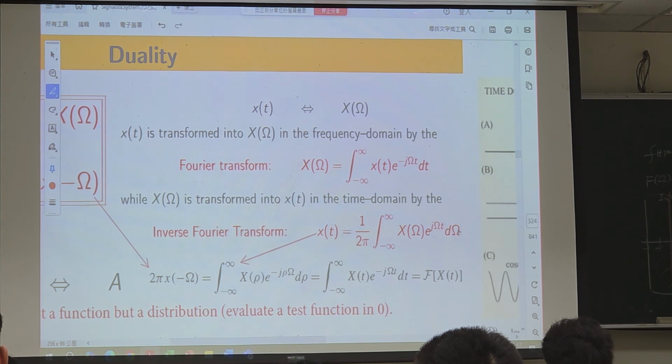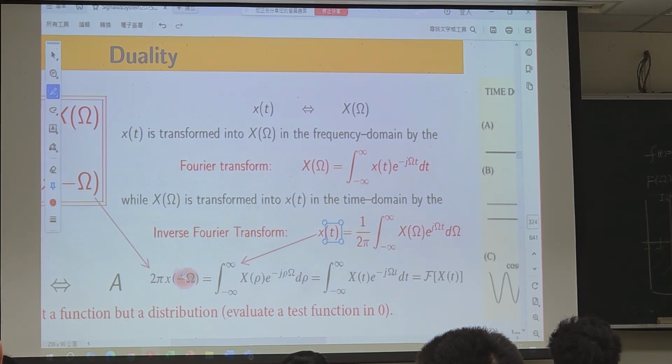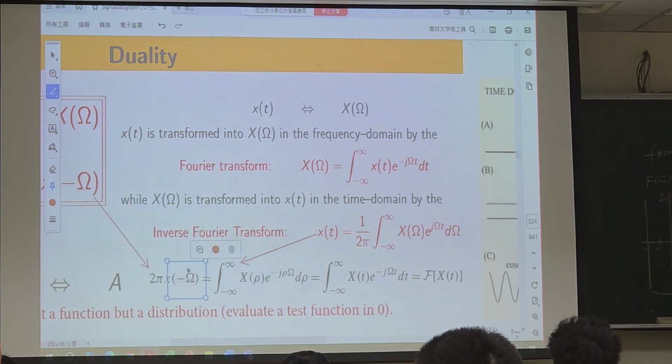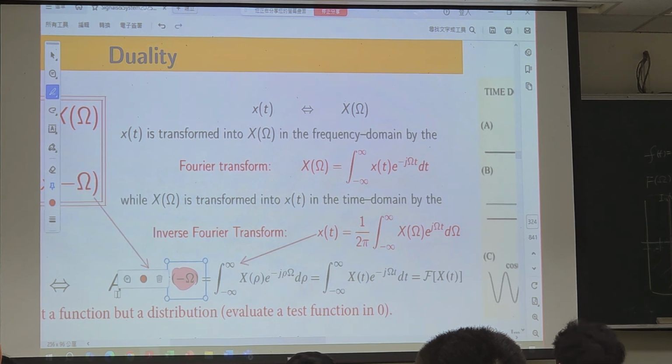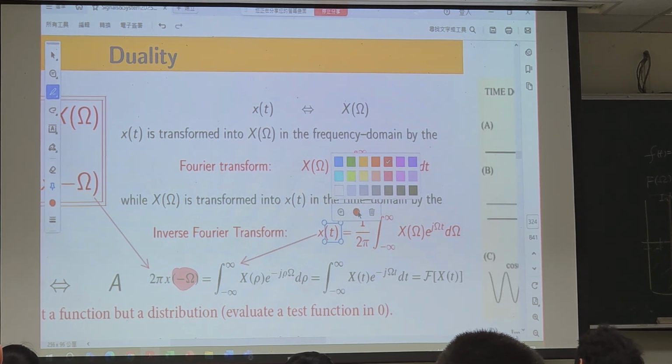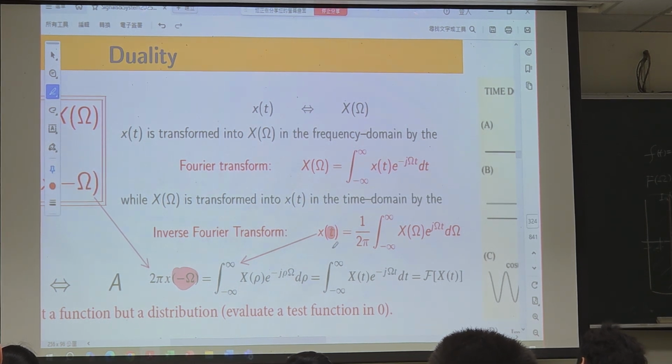One more time, we replace the independent variable t by negative omega.